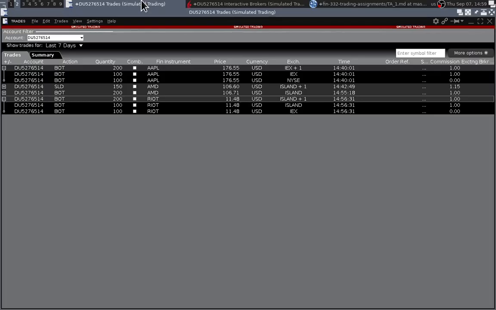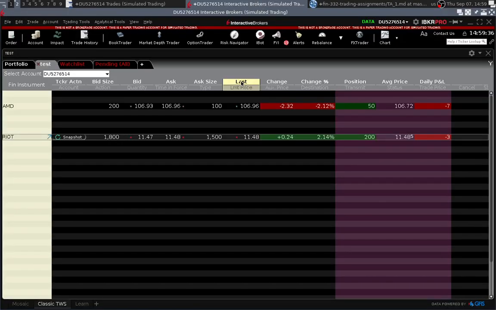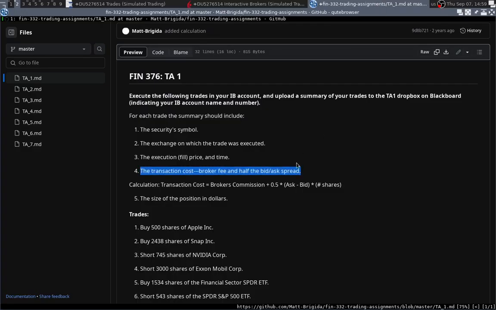So our total cost of trading is going to be $1 here plus $1 for the market maker, for the bid-ask spread. Of course, if I start trading more and more, if I had done 400 shares, then it's $2 to the market maker. If I had done 1,000 shares, then it's $5 to the market maker. So the more I trade, the more goes to the bid-ask spread. So what I want you to do is include the bid-ask spread in your calculation.